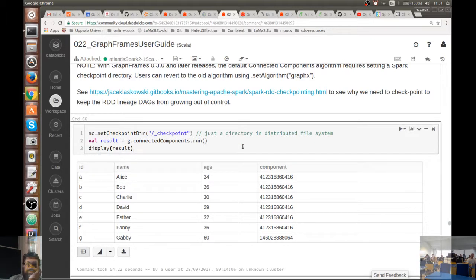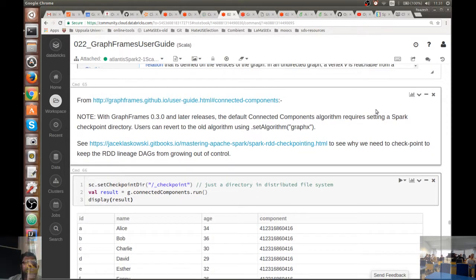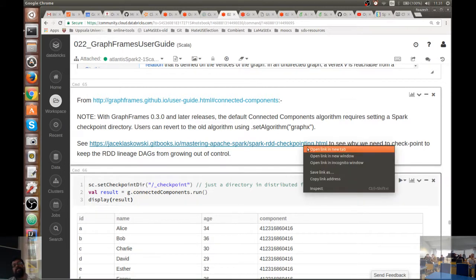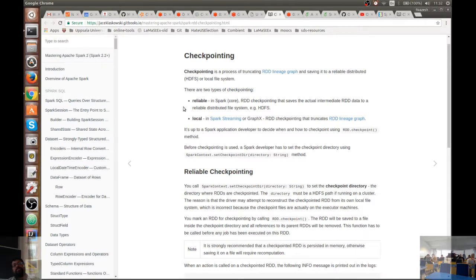This is something about checkpointing. With GraphFrames 0.3 and later, the default connected components algorithm requires setting a Spark checkpoint directory, right? Checkpointing is something you want to do as a process. It allows you to truncate the RDD lineage graphs that are really under the hood when these algorithms are being implemented.